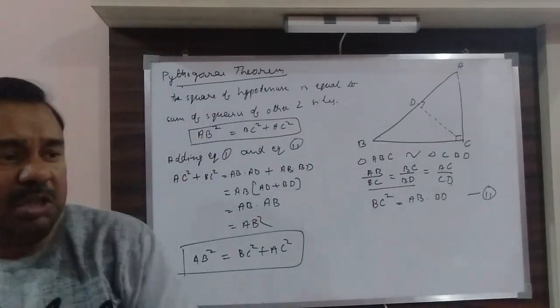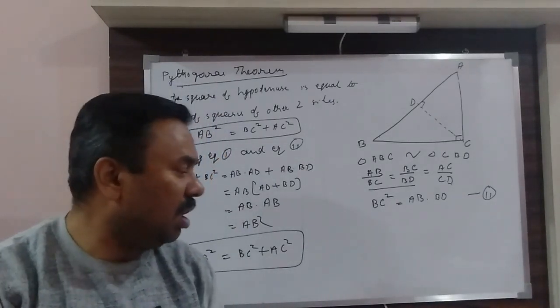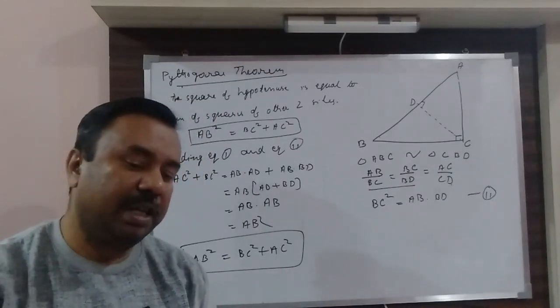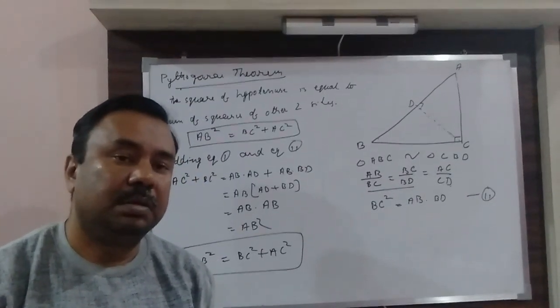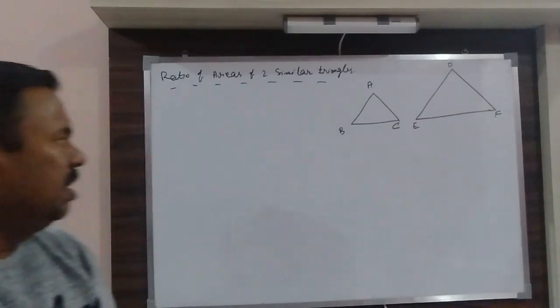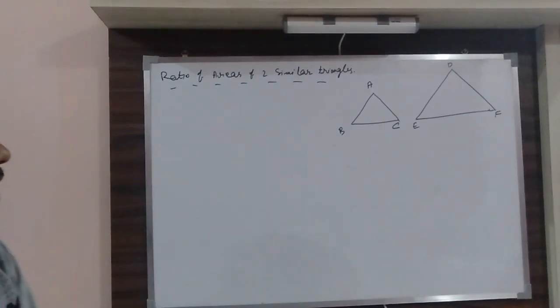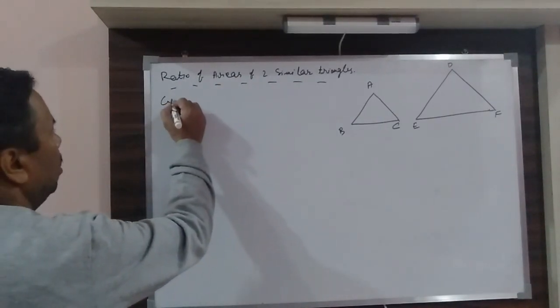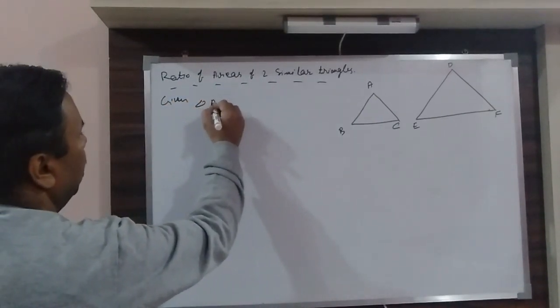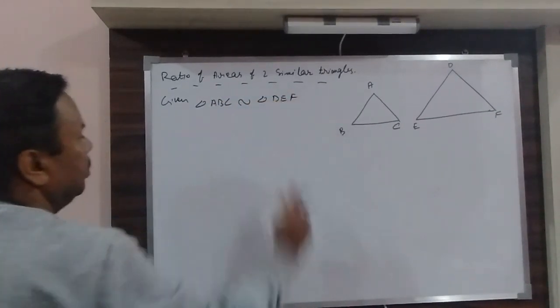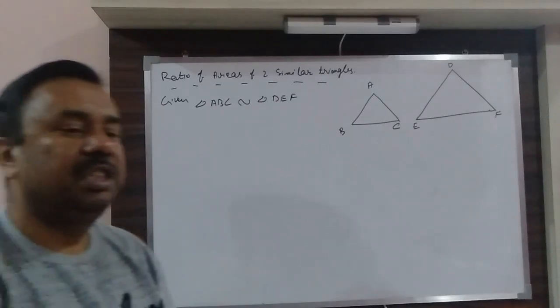One more concept is left, that is, what will be the ratio of areas of two similar triangles. This is just one deduction from the similar triangles. It is given that triangle ABC is similar to triangle DEF. What does it mean?